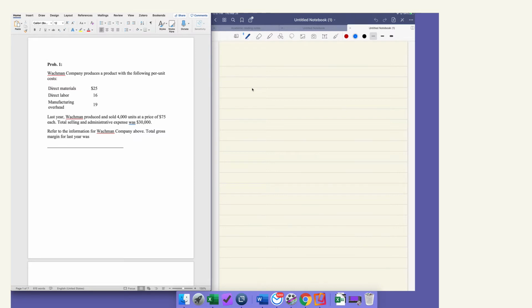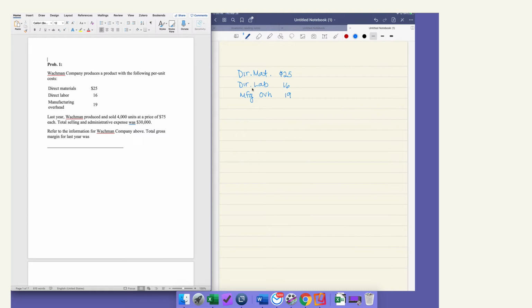We have Walkman Company, which produces a product with the following per unit costs. Direct material of $25 per unit, direct labor of $16 per unit, and manufacturing overhead of $19 per unit.